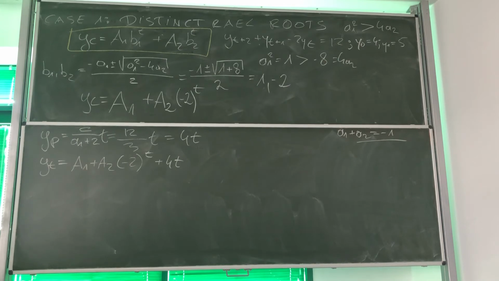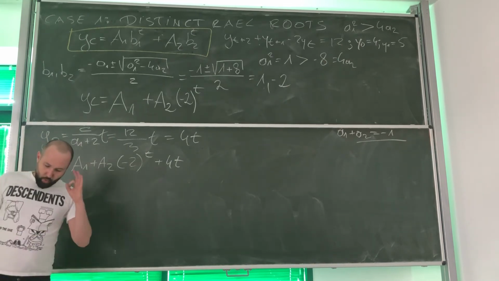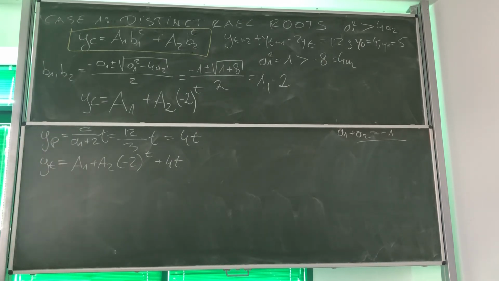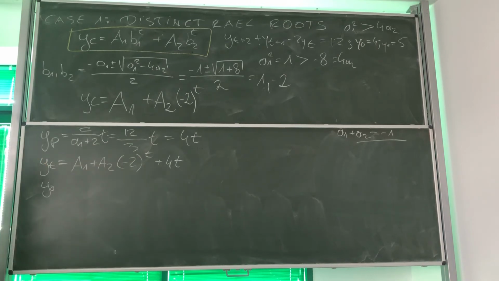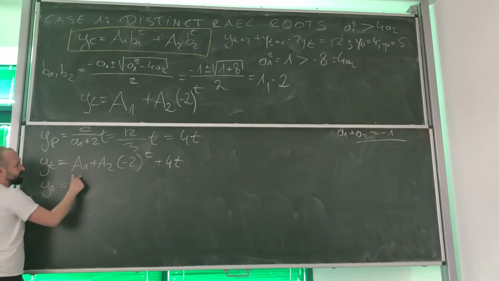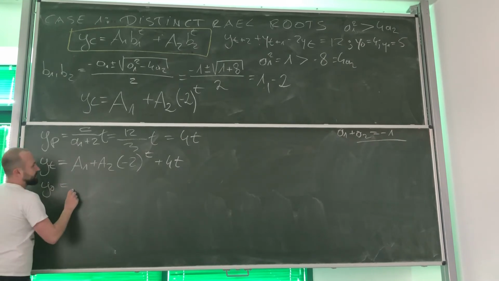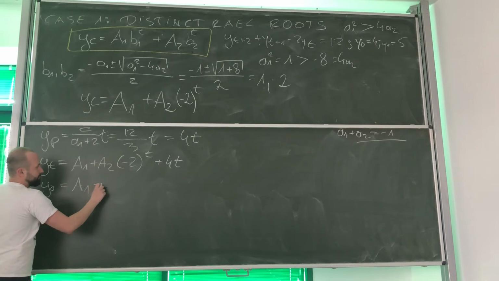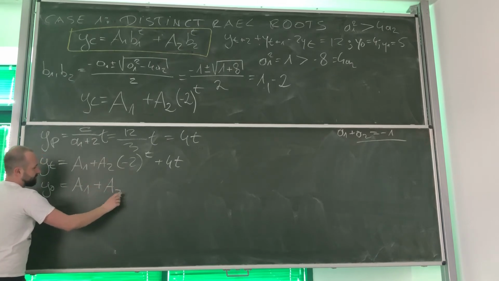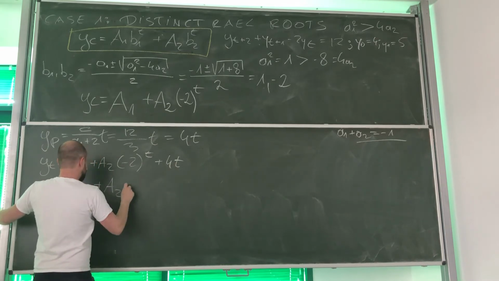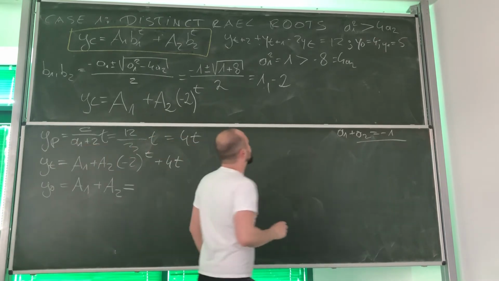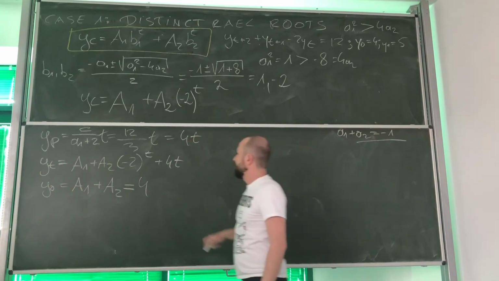Okay, and look, in this particular case, we have two initial conditions. We know that y0 is 4, right? Okay, so now, if I substitute 0 over here, I'm going to get A1 plus A2, times 1 plus 0, and it's equal to 4.